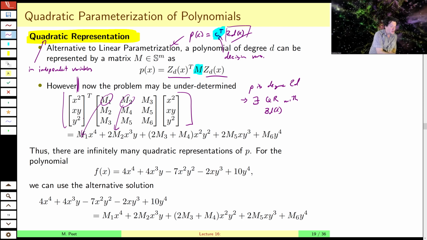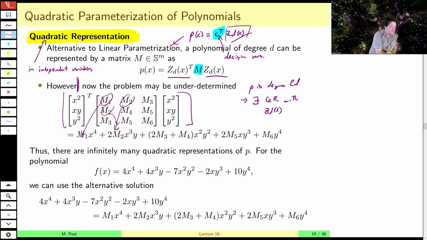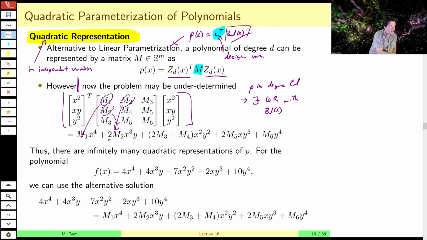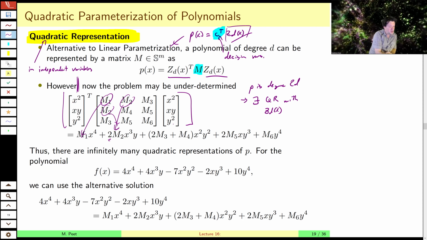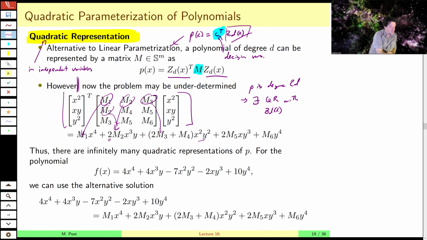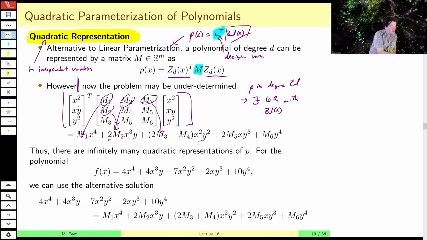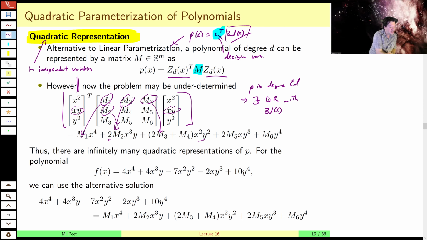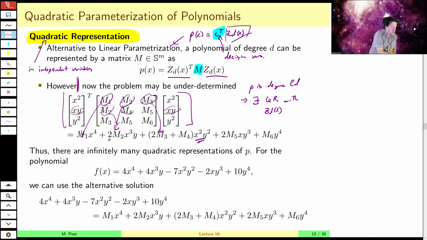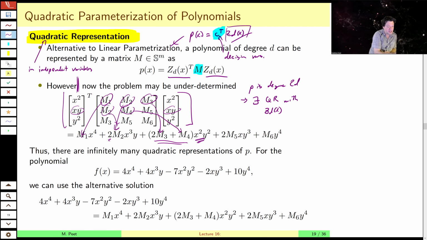Of course, the converse, xy times x squared, also comes down here, so there's a 2 factor there. Now we've got the x squared times y squared term that comes down here. Importantly, however, xy times xy also equals x squared y squared, so this term also comes down into the same monomial, and that's an issue.